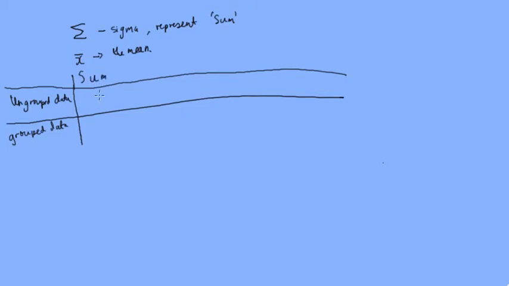The sum is going to be, we're going to use sigma in both of them. So when you see sigma, you mean you're going to sum those values. The data values are x and x.